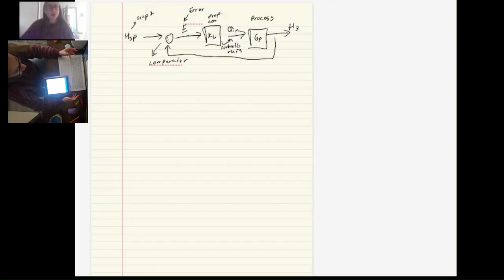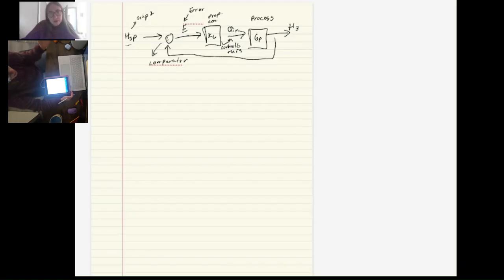So we are going to be deriving the feedback controller to this function, right? So I did a block diagram, so I will just go over this. We first have our height set point right here, and that is going in, and we're going to get an error.